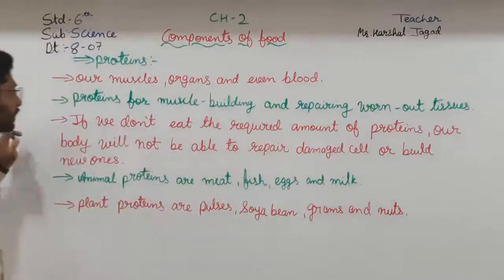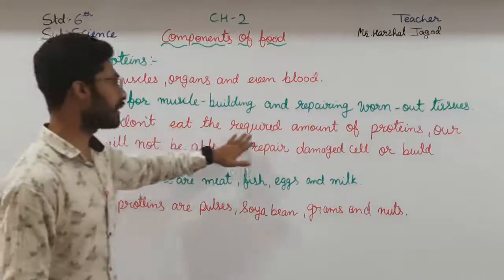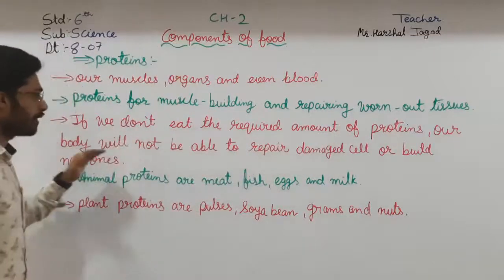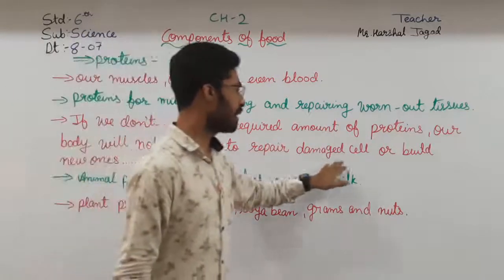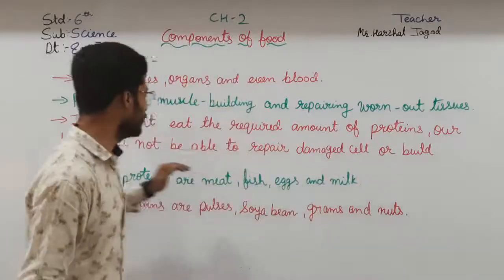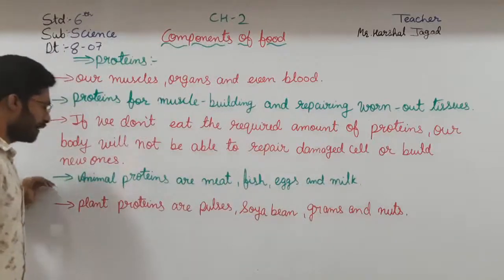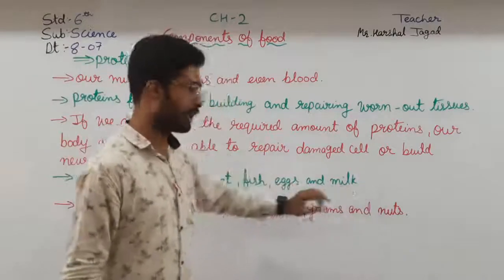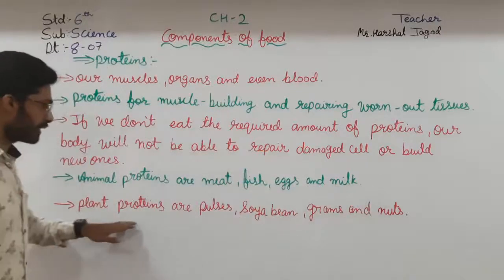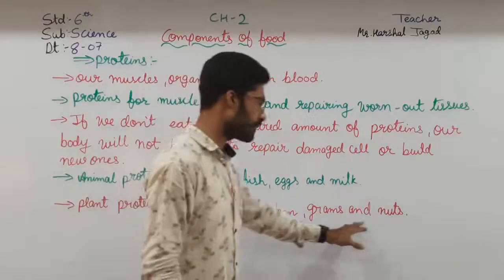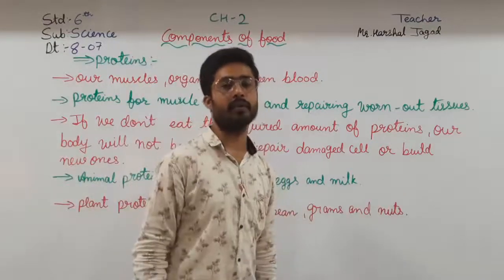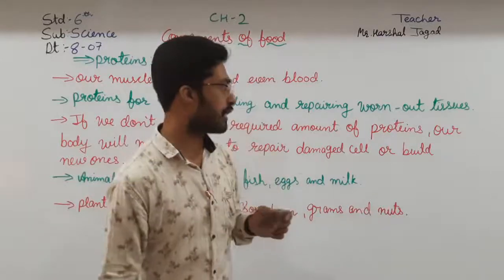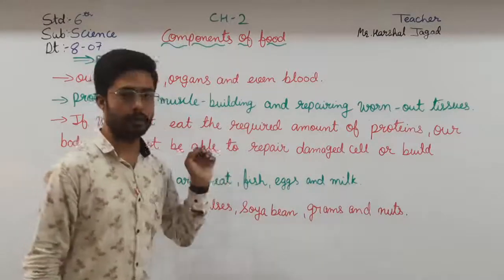If we don't eat the required amount of protein, the body will not be able to repair damaged cells or build new ones. Animal proteins are meat, fish, eggs and milk, and plant proteins are pulses, soya beans, grams and nuts. Okay, so this is all about proteins.